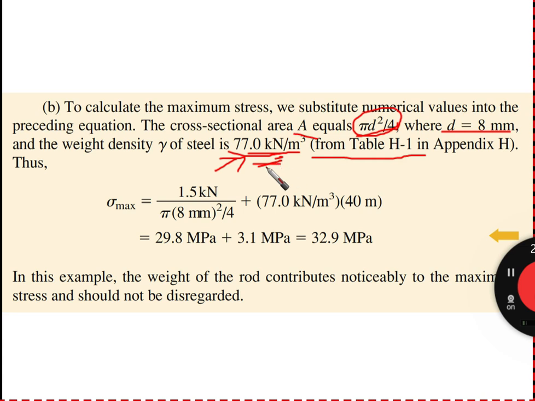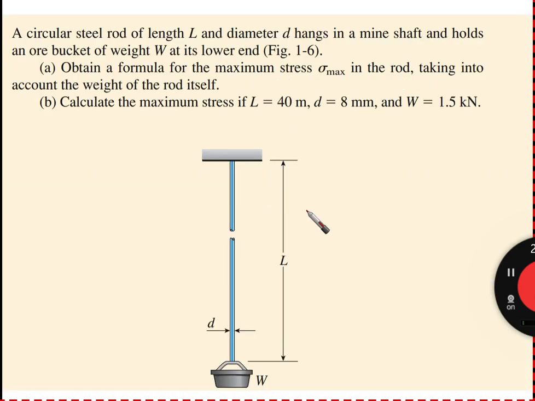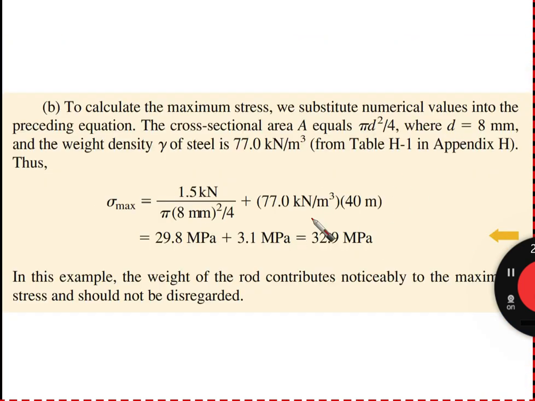Based on that, this sigma maximum is going to be 1.5 kilonewton, which is already given for us, the weight of the bucket, over pi d squared over 4.